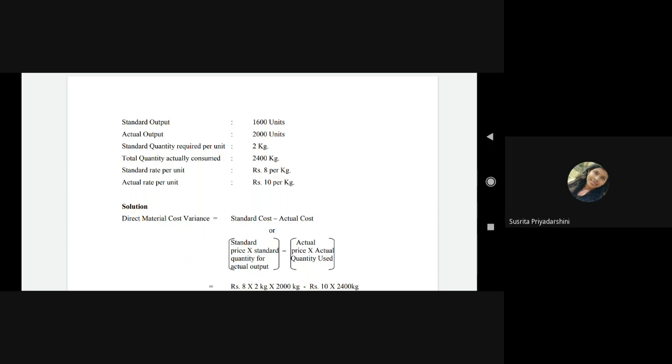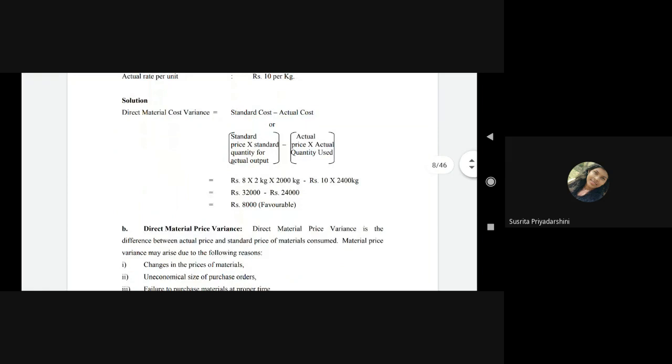Total quantity actually consumed is 2400 kg. Standard rate is 8 per kg and actual rate is 10 per kg. So how are we going to find out the material cost variance? Material cost variance means standard material cost minus actual material cost. So here the formula we are going to apply.